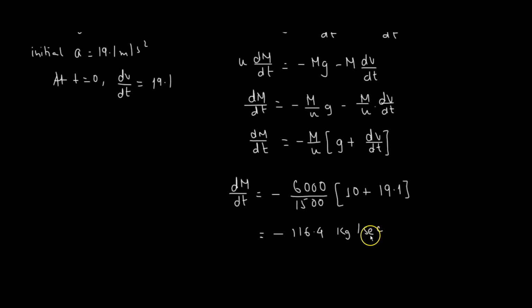So this was what we were asked to find. This amount of mass will get ejected so that the rocket will be accelerated upwards with an acceleration of 19.1 meters per second squared.